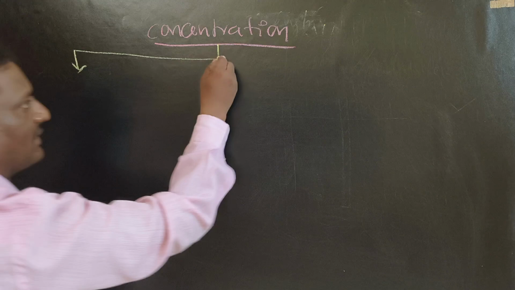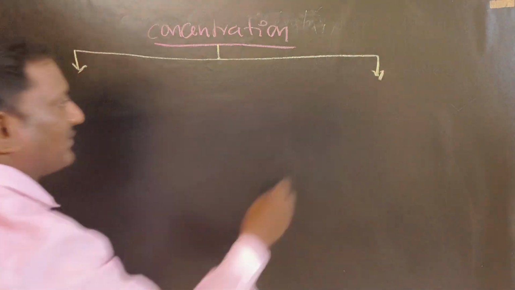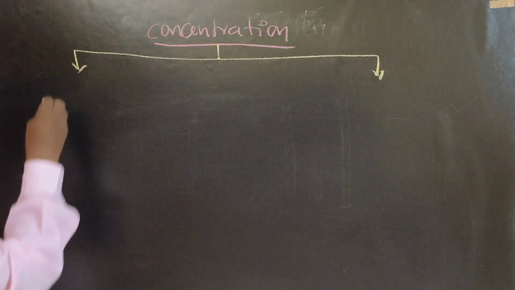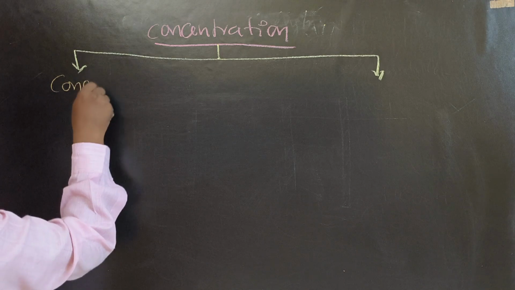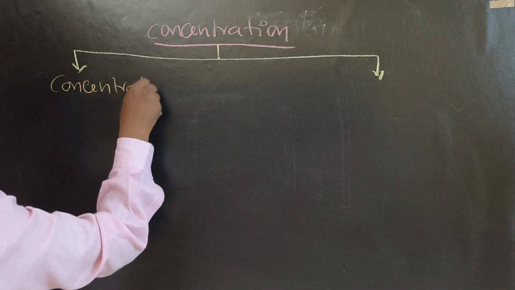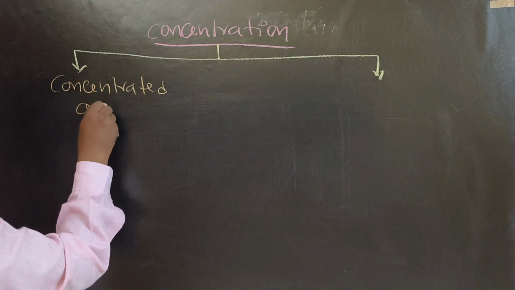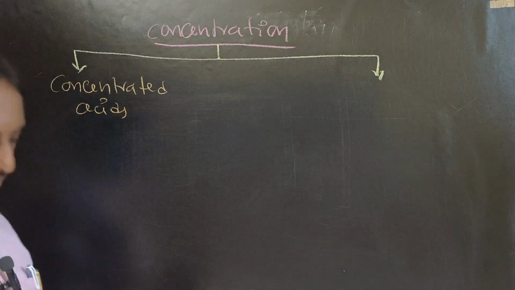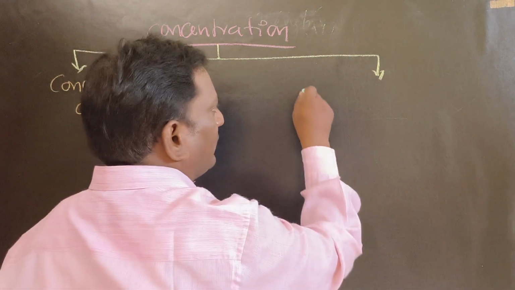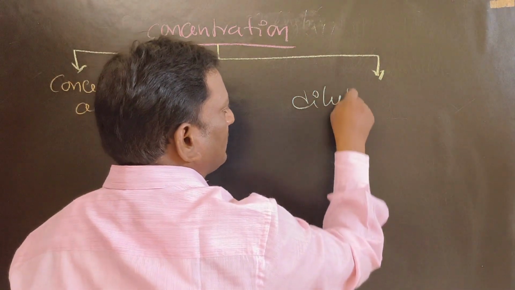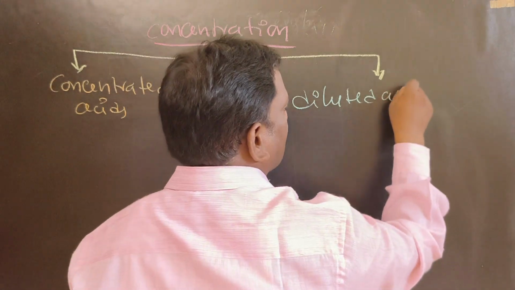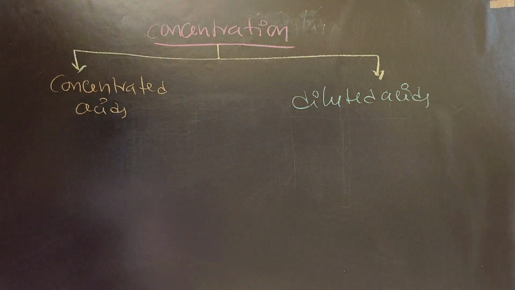Based on concentration, the acids are classified into two types: concentrated acids and diluted acids.